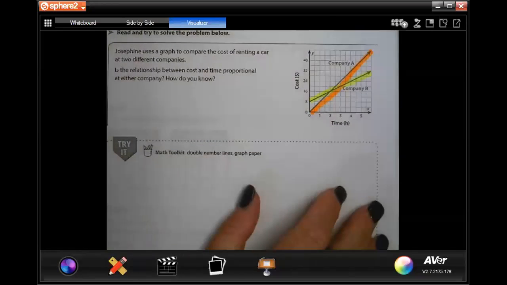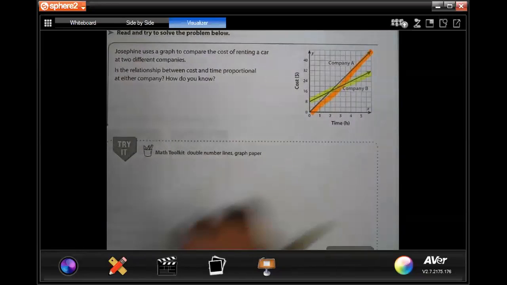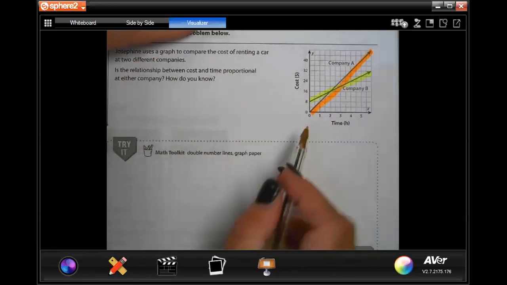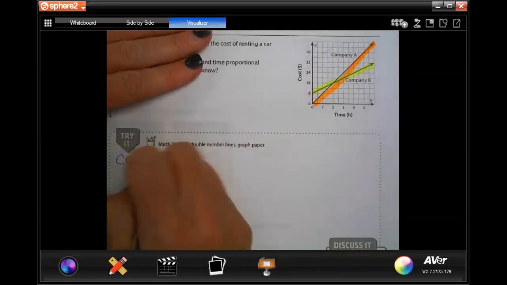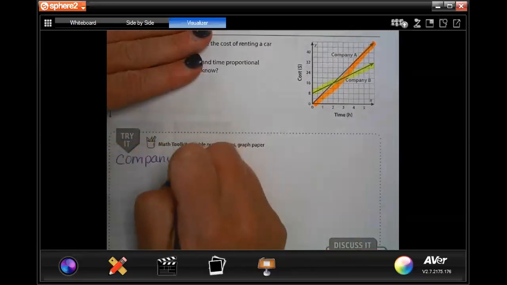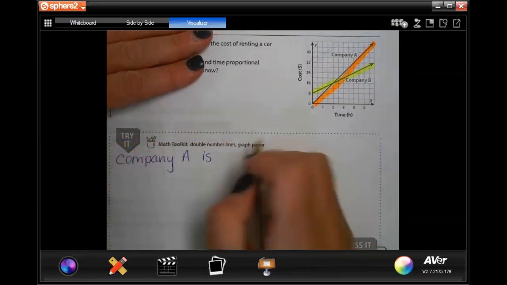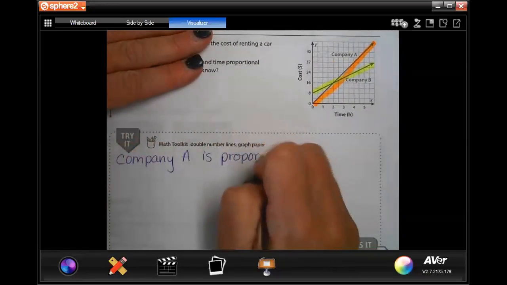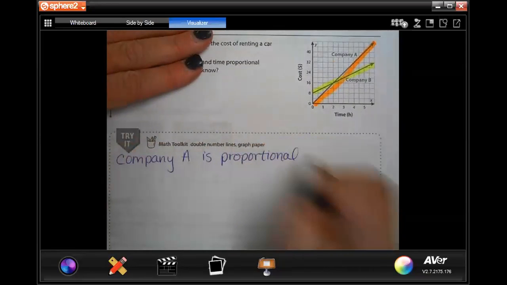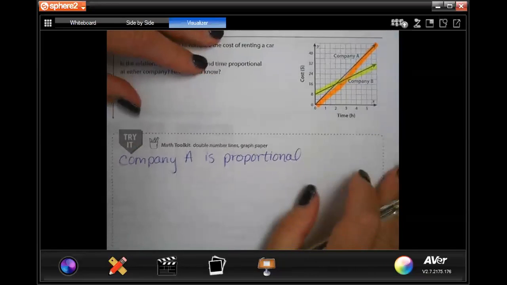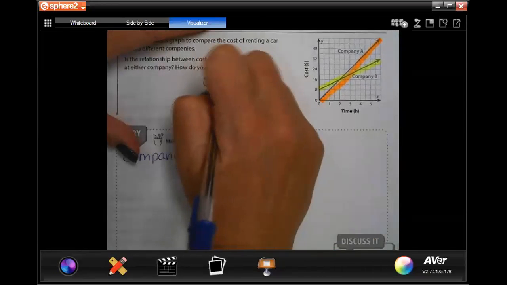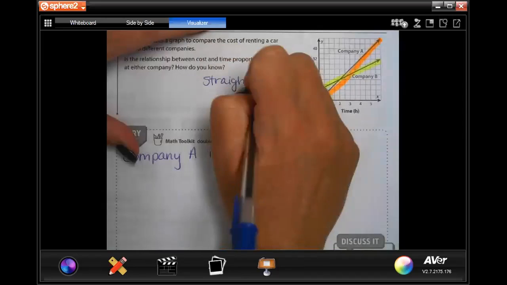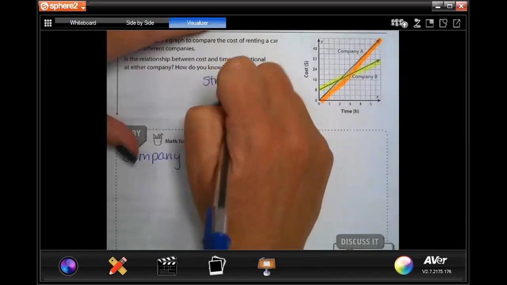So, winner, winner, chicken dinner. If you said company A is proportional, you are correct. Company A is the only one that is proportional. So remember what we just discussed. First of all, in order to prove that 2 quantities are proportional, it has to be a straight line, which means that there's a constant.